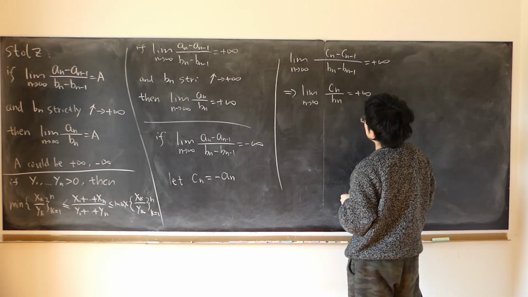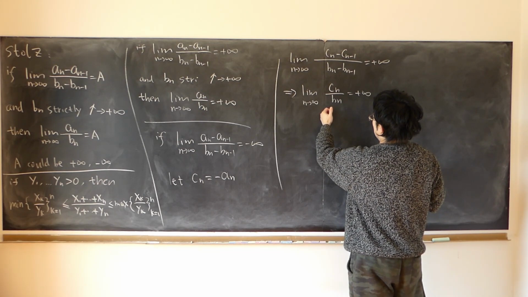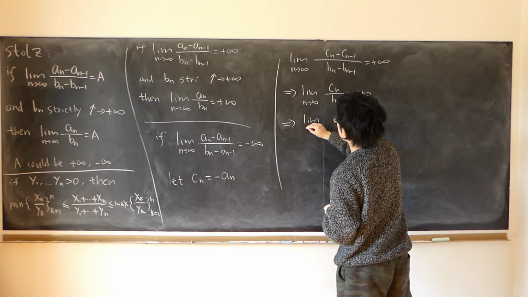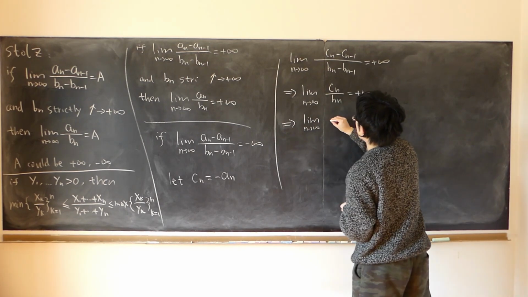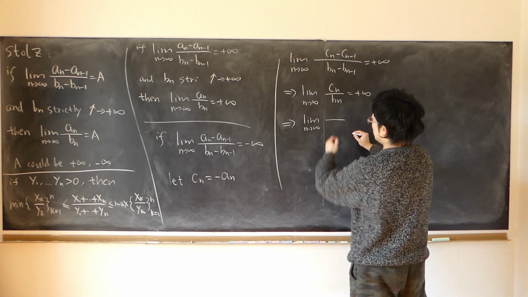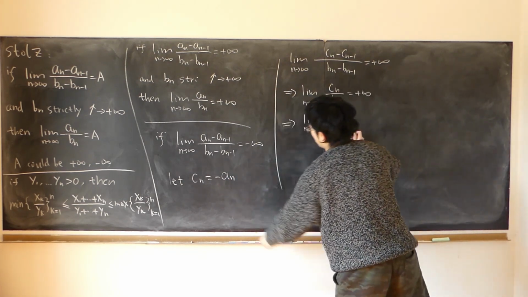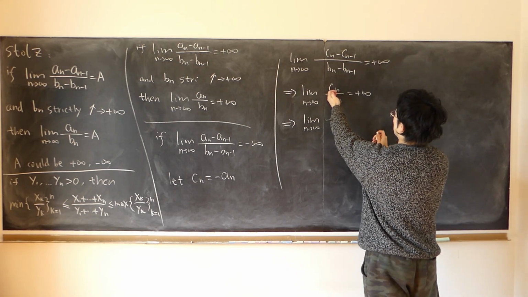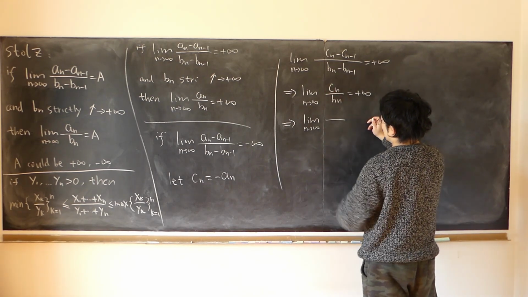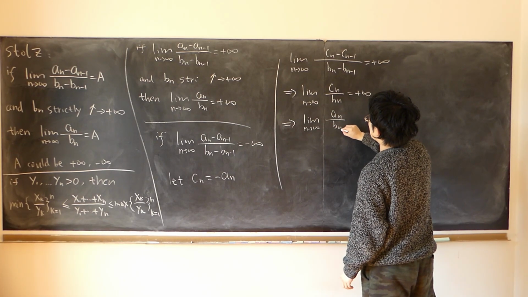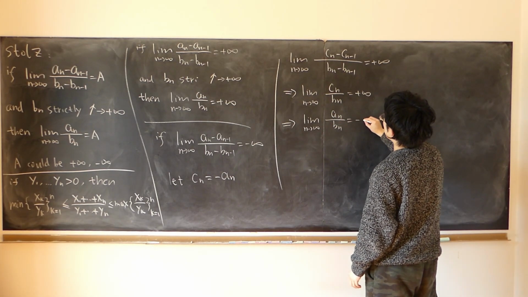Therefore, because Cn is negative an, if we just multiply by negative sign on both sides, then we easily say an over bn is approaching negative infinity.